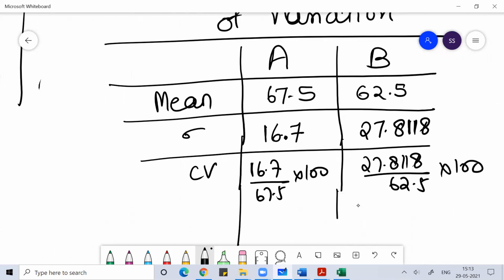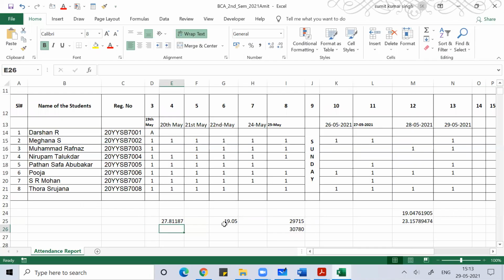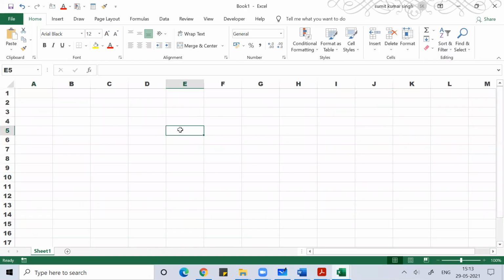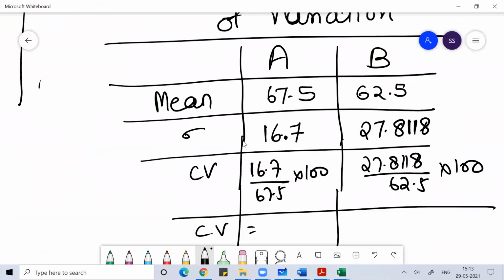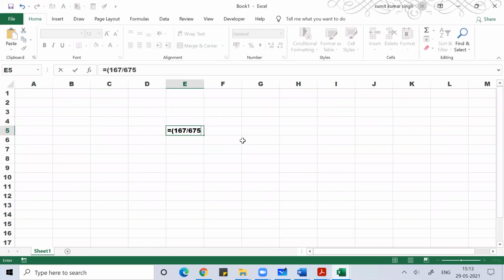So find the coefficient of variation. What is the coefficient of variation? 16.7 divided by 67.5 into 100. This is 24.74%.